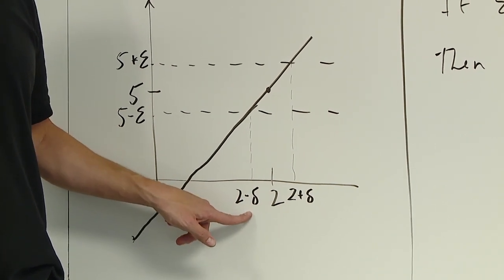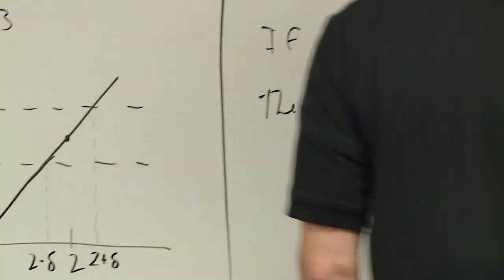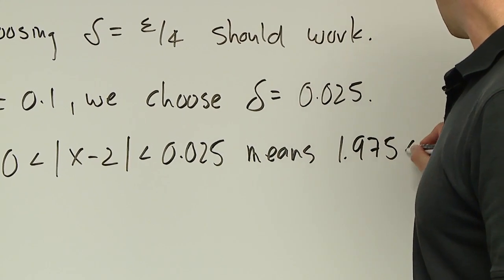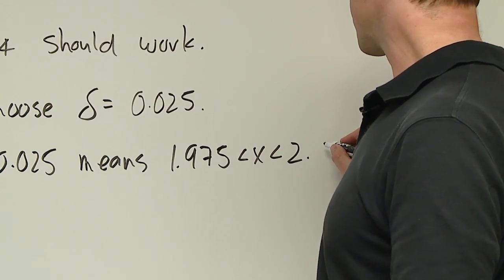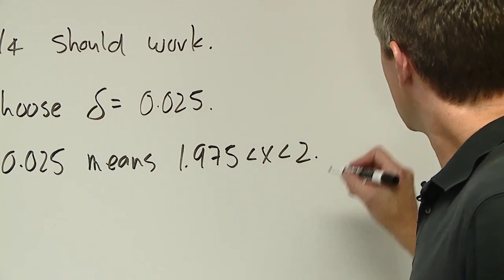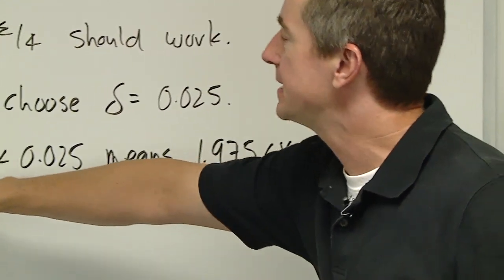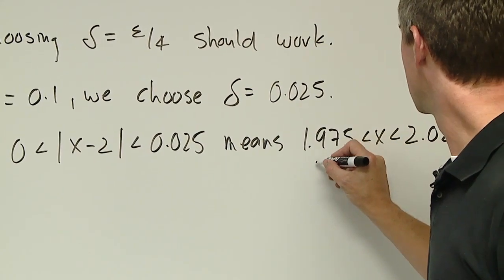So we're going to go back to 1.975. So x has to stay above 1.975 and below 2 point what? 2.025. But this 0, as we said earlier, means that x cannot equal what?